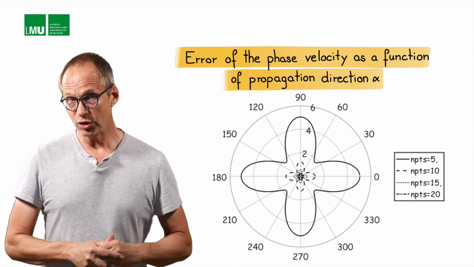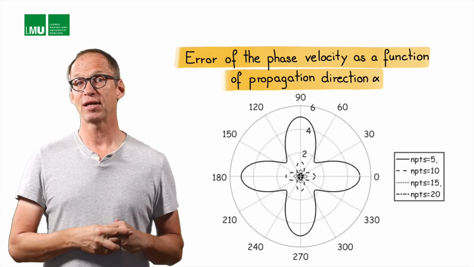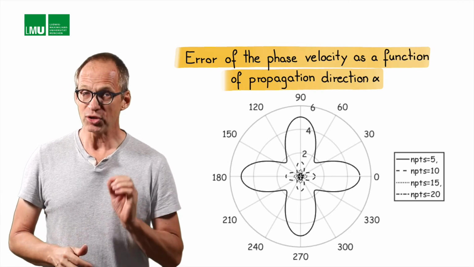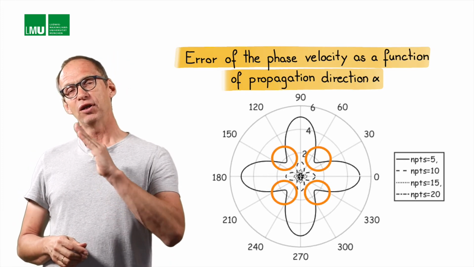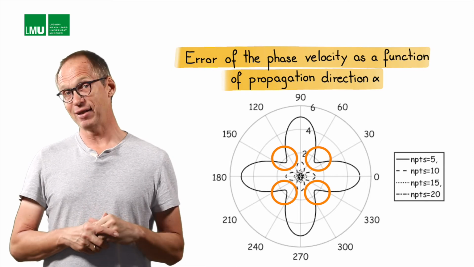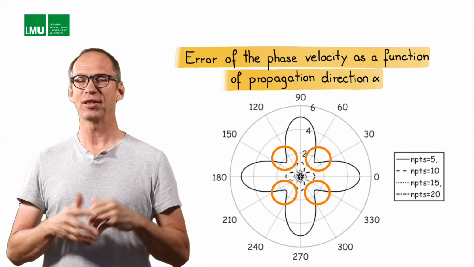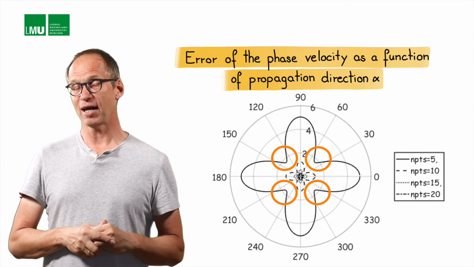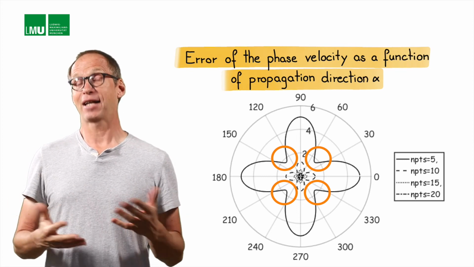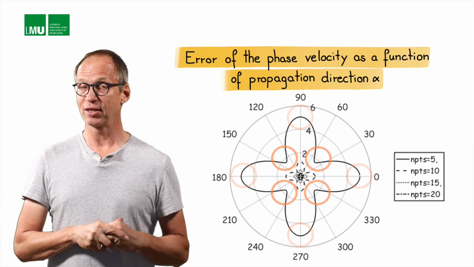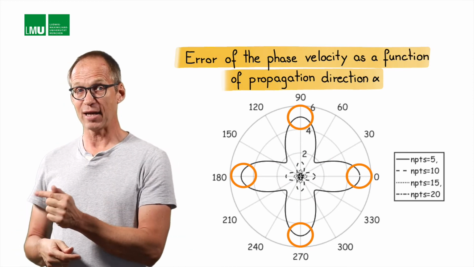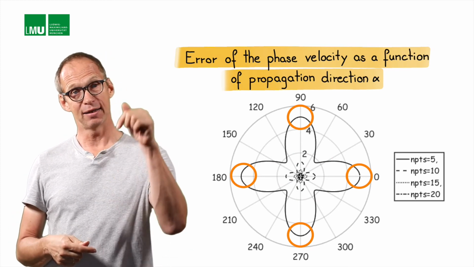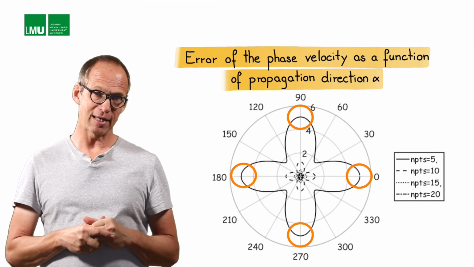It's very interesting that you notice that the most accurate direction of propagation is actually 45 degrees to the coordinate axis. That's not necessarily intuitive, but that is the case. The least accurate directions are the directions along the coordinate axes, in that case plus x, plus z, and minus z.